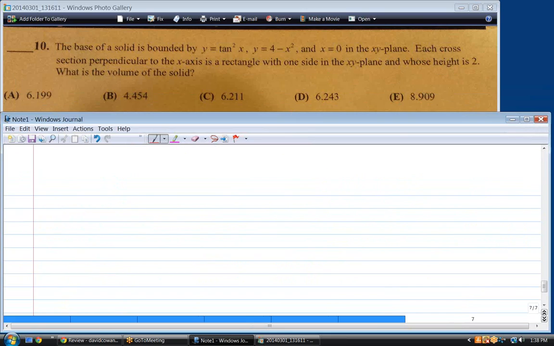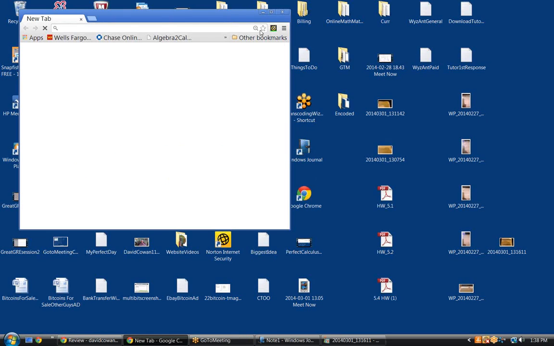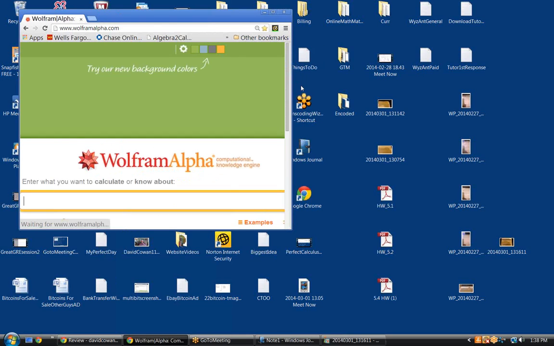All right, the base of a solid is bounded by y equals tan squared of x, y equals 4 minus x squared, and x equals 0 in the xy plane. Each cross section perpendicular, let's just see, what does y equals tan squared look like? Are you allowed to use calculators at all on these?